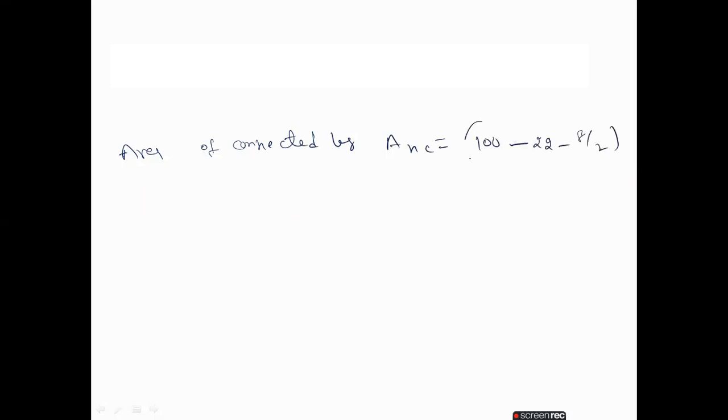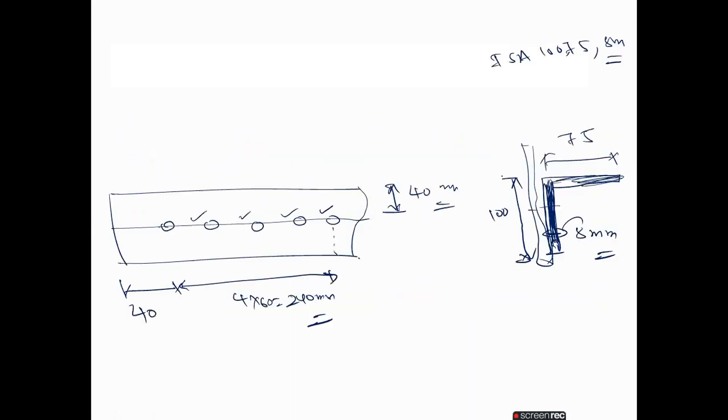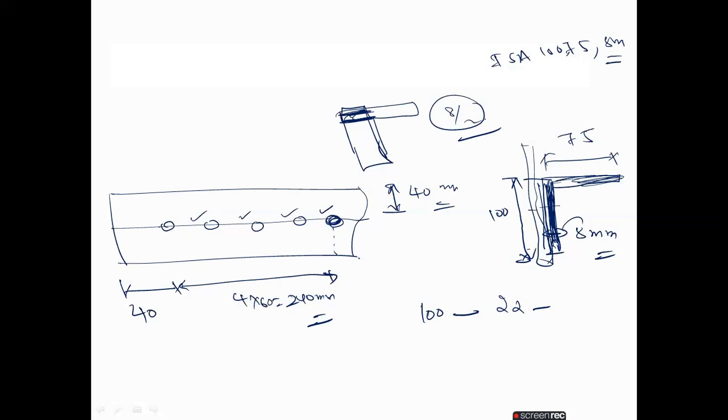The total length is 100 minus the diameter of the bolt hole, 22, and since the angle section is connected with the outstanding leg, we have to remove half of the thickness.